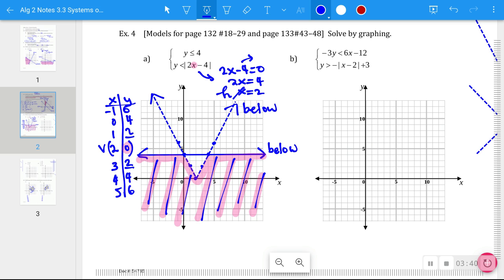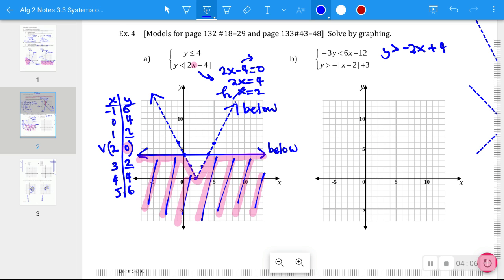Okay, on the next example here, we're going to graph this one first by dividing through by negative 3. Don't forget that when you divide through by a negative, the sign has to change direction, so it's now a greater than sign. And I got these numbers here by dividing 6 by negative 3 and negative 12 by negative 3.